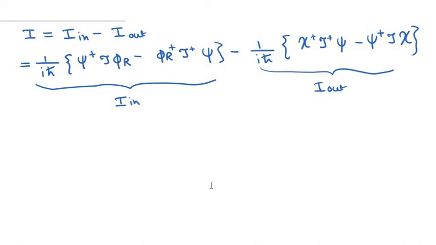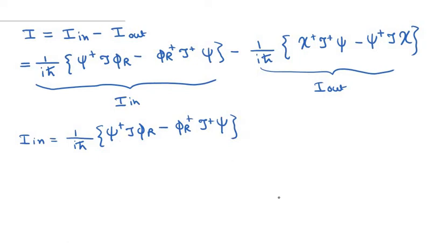Now let us go into a little bit more detail from here. The current that flows into the system or the channel from the contact is given by I in, which is 1 by i h bar psi dagger tau phi r minus phi r dagger tau dagger psi.